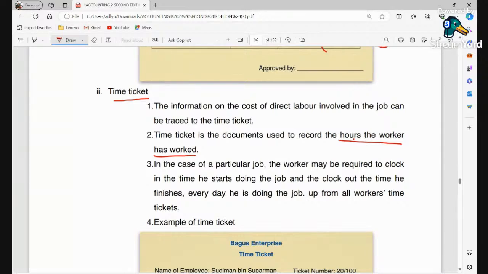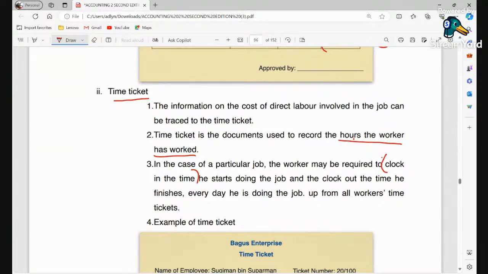Alright, so in the case of a particular job, the worker may be required to clock in the time. Ni yang saya kata tadi, to clock in tu macam punch card lah. Okay, you clock in, you clock out. Okay, so every day sebelum you buat kerja tu kena ada. Okay, dia bergantung kepada syarikat lah. Ada yang guna thumbprint, ada yang guna face recognition, ada yang guna punch card.